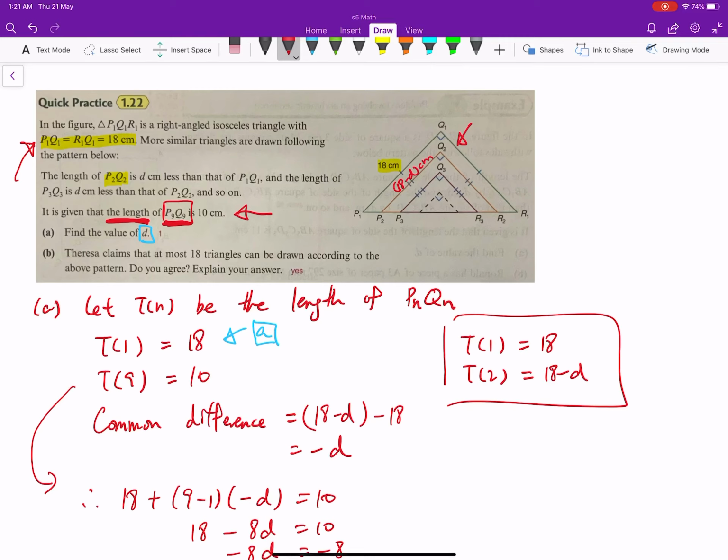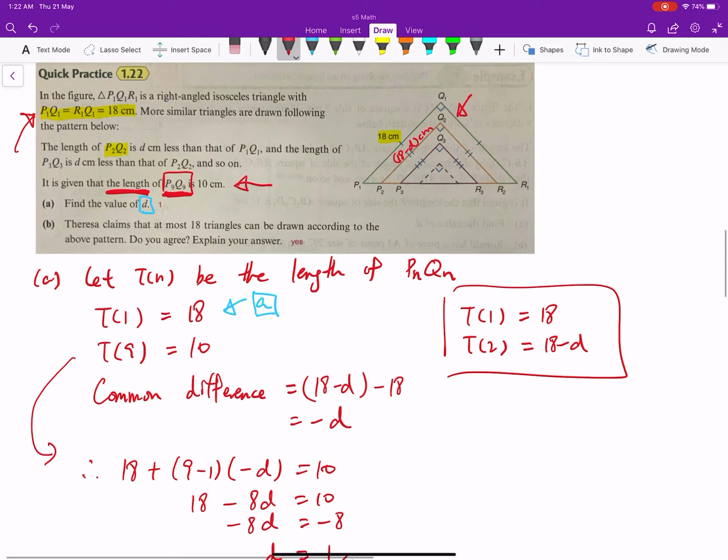Because if we follow the pattern, you draw a smaller one, and then a smaller one, and if it is too small, it cannot be negative, right? So this is the limitation for drawing the number of triangles.